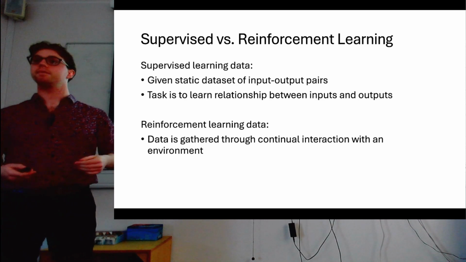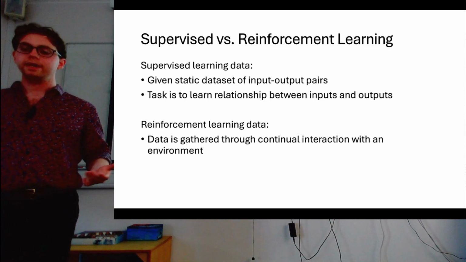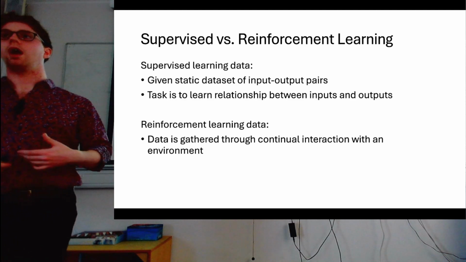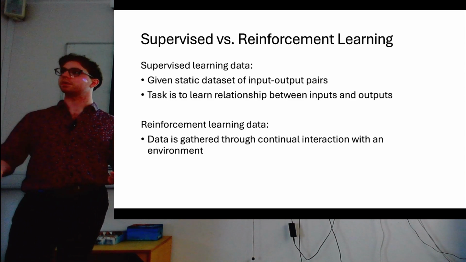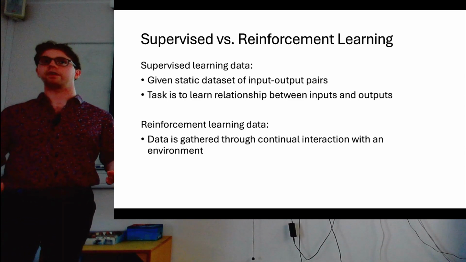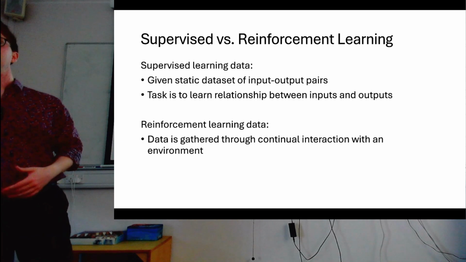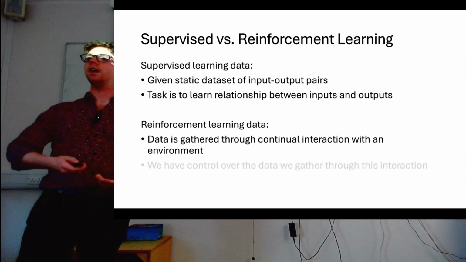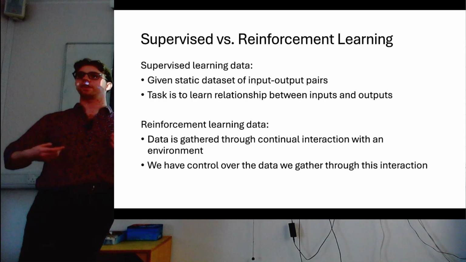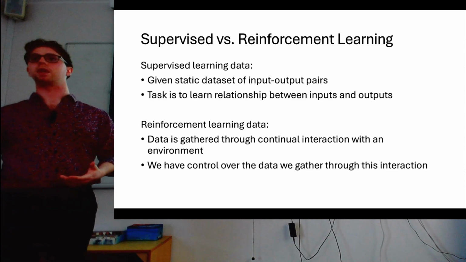But in designing a good reinforcement learning algorithm, we need to be aware that the strategy we use for interacting with the environment is basically a strategy of data generation, right? It's a strategy of how am I going to elicit useful information from the environment? How am I going to query the environment so that I can get the kinds of data that are going to help me learn, right?